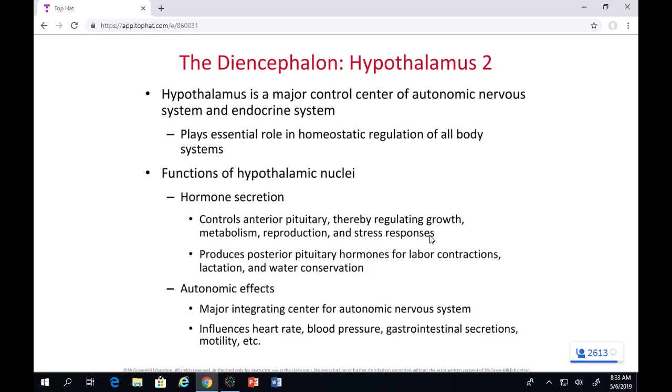As we look at the autonomic nervous system, our hypothalamus is also going to play a major role in regulating the autonomic nervous system, particularly when we think of the homeostatic functions of the body. Our hypothalamus is one of the parts of the brain that can directly access the bloodstream.